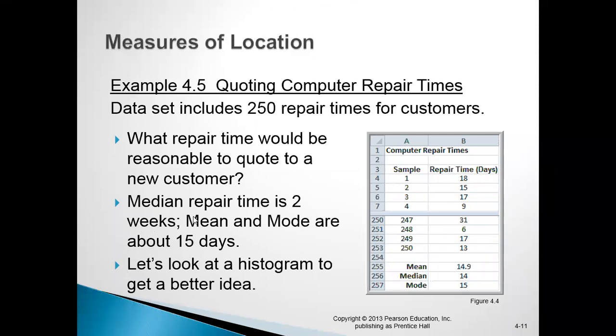Here, median repair time is 2 weeks. Here we have calculated that median repair time was 2 weeks, mean and mode are about 15 days. Let's look at a histogram to get a better idea. So for this purpose, I have calculated a histogram tool also in this particular example, right?